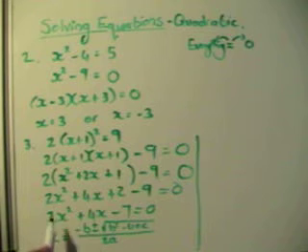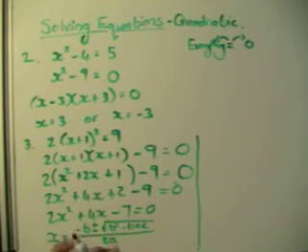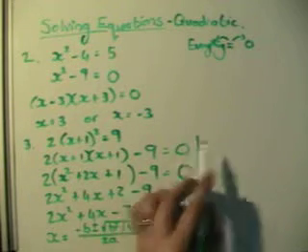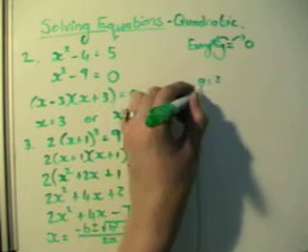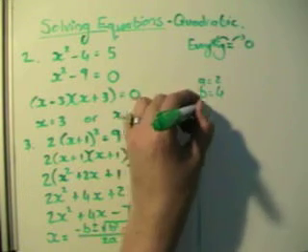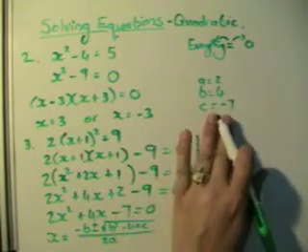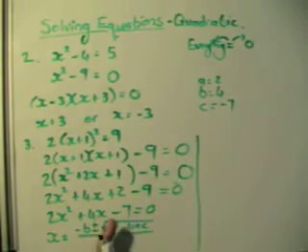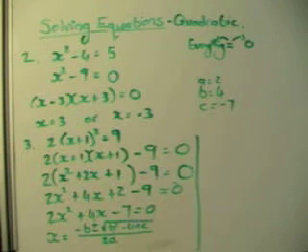If you're not comfortable with substitution into a complicated procedure like this, I suggest you write for yourself: a is equal to 2, b is equal to 4, c is equal to minus 7. Note I write the sign with the value for c, also for b and a, but those are both positive.